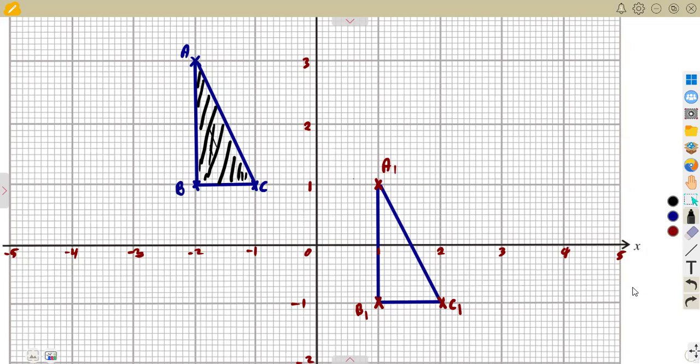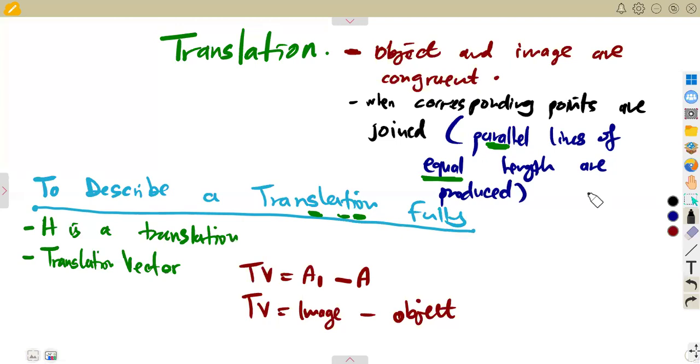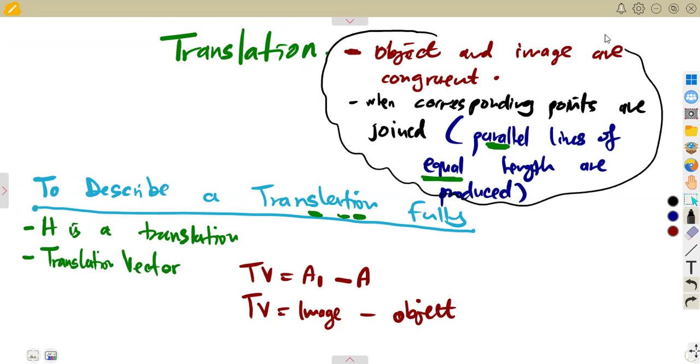So if truly triangle ABC is our object, and A1, B1, C1 is the image, and they are congruent figures, isometries. Guys, I said there are 3 answers to be taken. For you to realize that it's a translation, it must be parallel lines of equal length when corresponding points are joined.